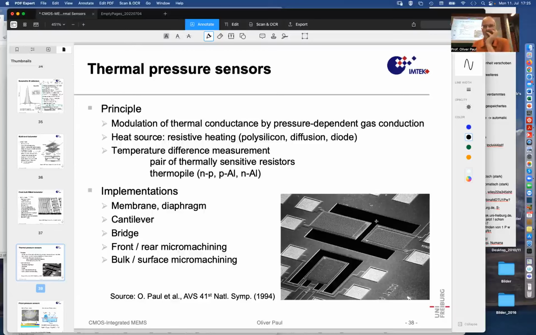So you have two opposite cantilevers here, and so one of them is heated. So some heat power is dissipated right here in this resistor. Some P heat is dissipated by some current flowing through here and out here.